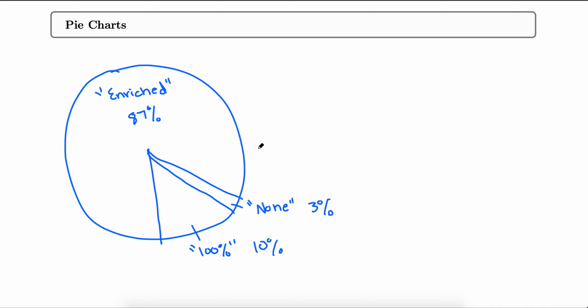So you can, again, see the same information pretty quickly, that 87% is the category with the highest frequency. And a reminder of the terminology that you've undoubtedly seen before. Mode means most frequent category, and in our particular example, that's definitely the enriched category.